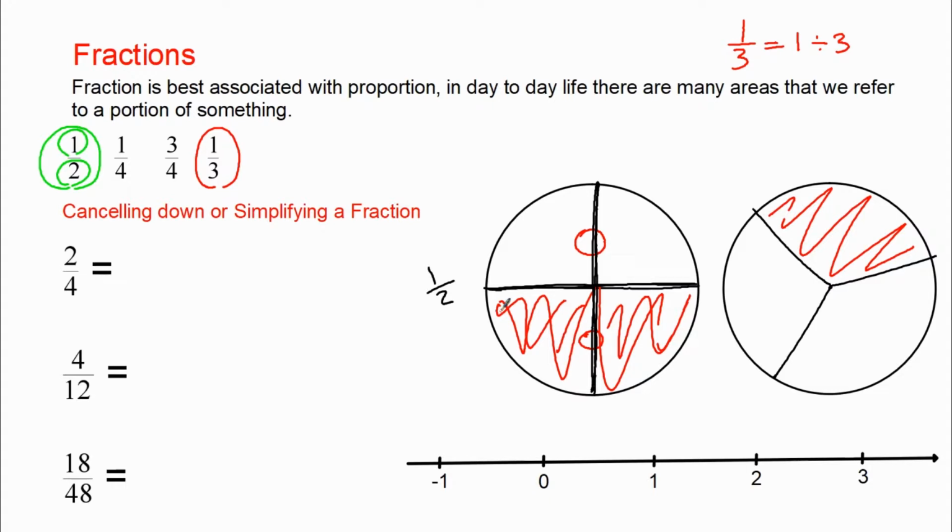So this is 2 out of a total of 4, so we can write 2 over 4.